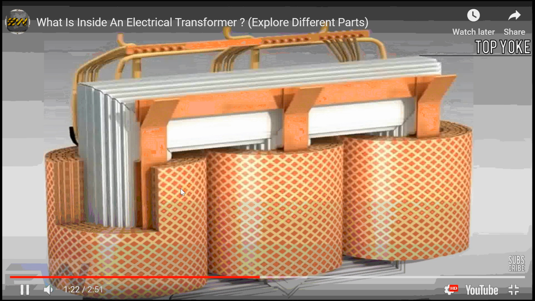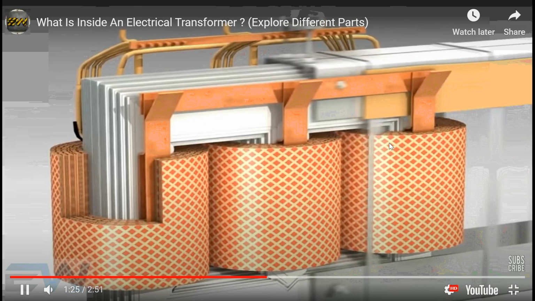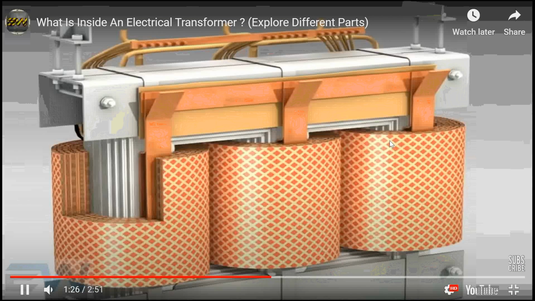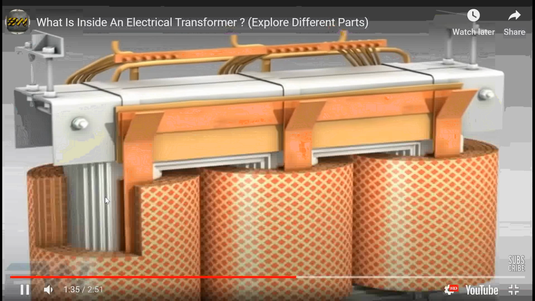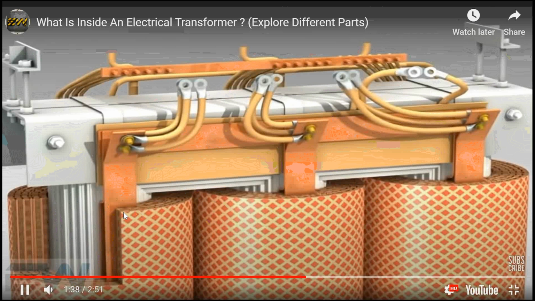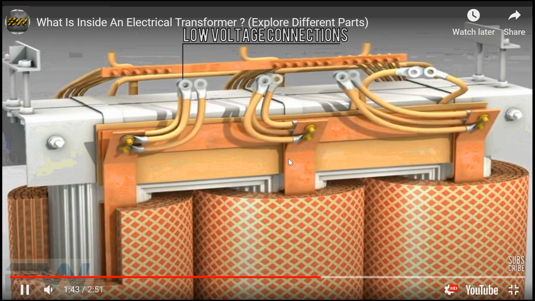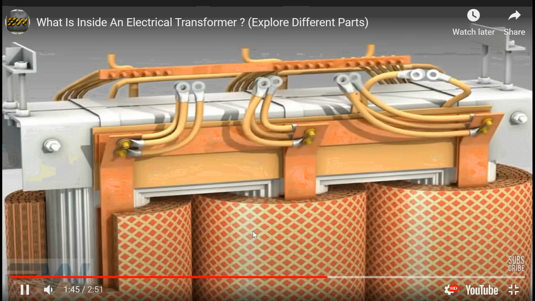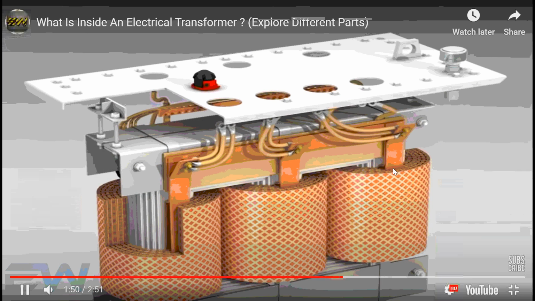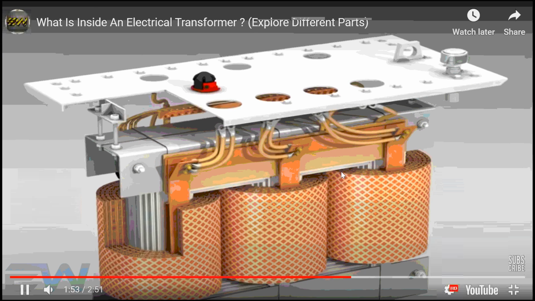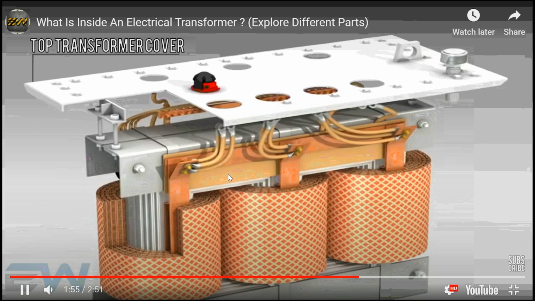There's no connection though between this solenoid, the one in the middle, and the one on the right-hand side. So how can we get the electrons going in this middle solenoid here? By generating a magnetic field. So as soon as the electrons are going through our first solenoid, it generates a magnetic field. That's transmitted through the core, which in turn induces the electron movement in the second solenoid. That magnetic field is then going to induce the current in the third solenoid. So again, by varying the number of turns in these coils in the different solenoids.